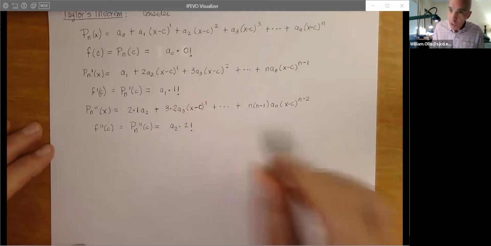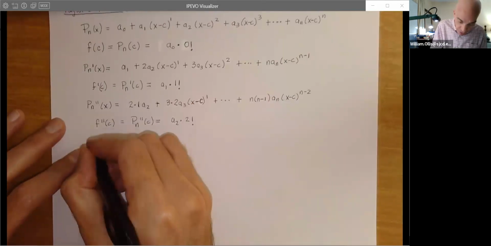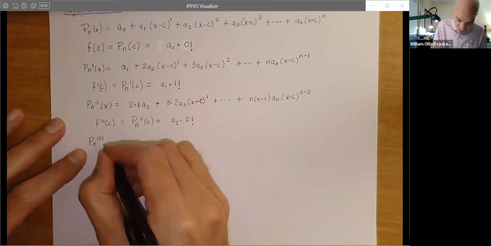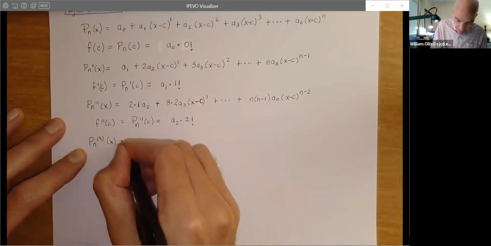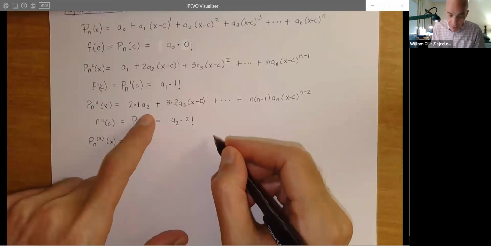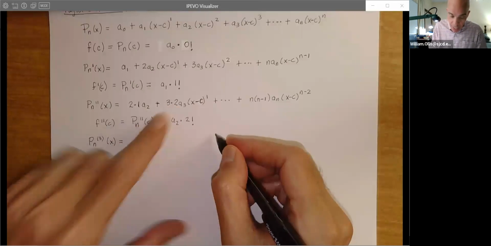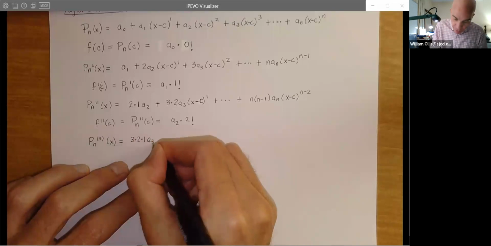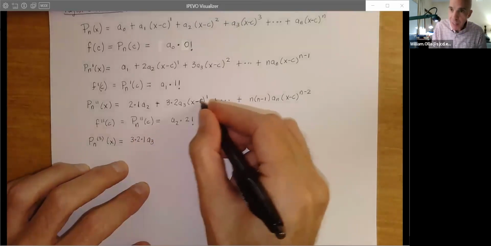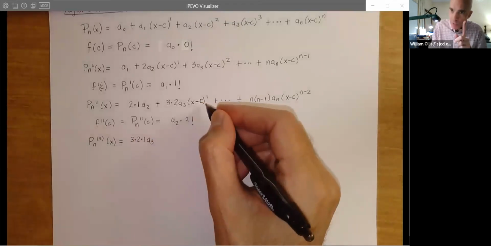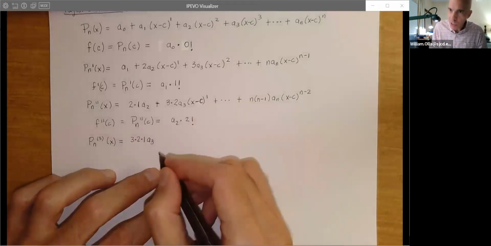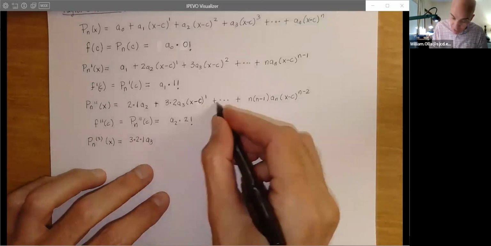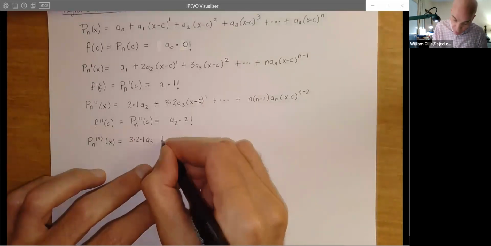Okay, now I'm going to do the third, and then we're just going to jump down to the nth because I think you're seeing a pattern now. So let's do the third derivative of the polynomial. We'll just use a 3 here. So now we look at this, that of course is 0. So now we have 3 times 2 times 1, a sub 3. And then of course to the 0 power, that just being x minus c, derivative is 1. So we're just kind of playing the symbolic dance here. And then of course, the next term I don't have, but I can just go ahead and write it down.